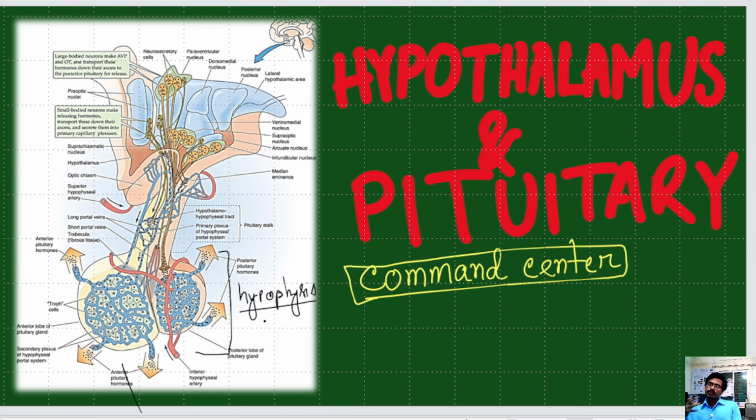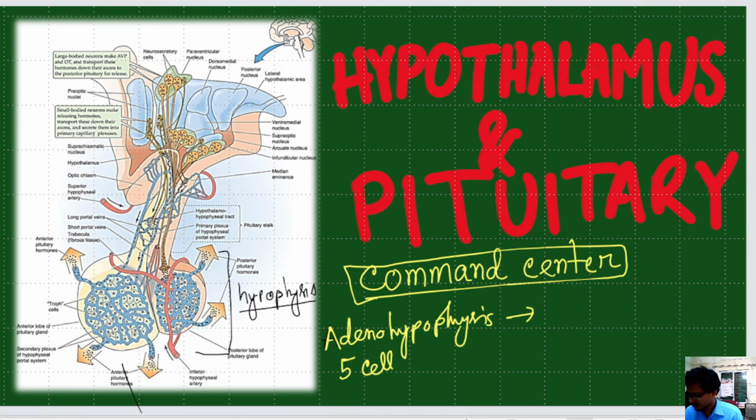The adenohypophysis is composed of 5 types of cells, and they release 6 types of hormones.